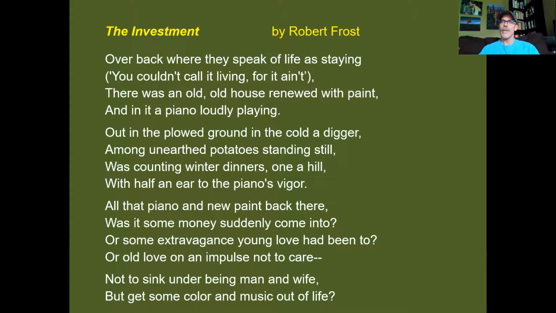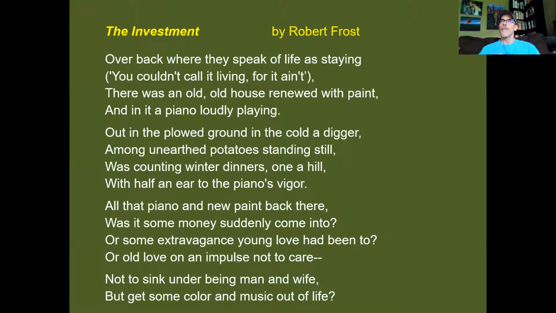All that piano and new paint back there, was it some money suddenly come into? Or some extravagance young love had been to? Or old love on an impulse not to care, not to sink under being man and wife, but get some color and music out of life?